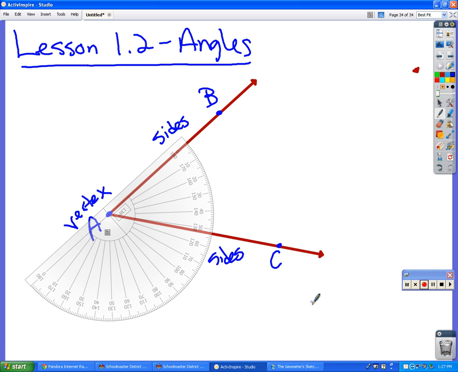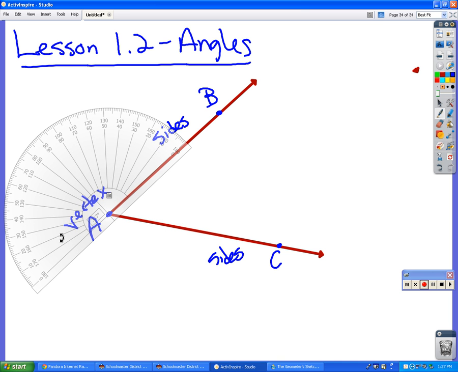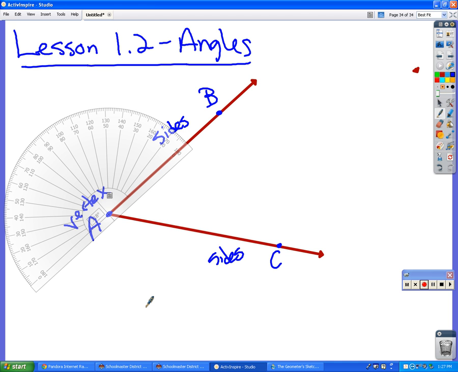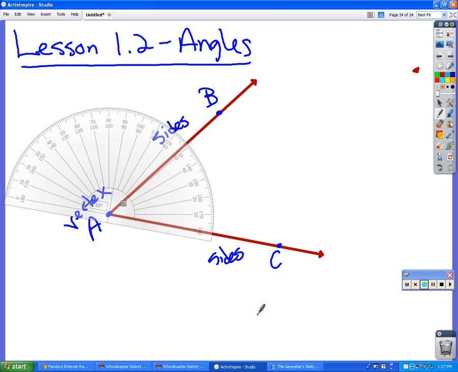Either way you do it, you're going to come up with the same answer. What you cannot do is line your protractor up with one of the sides like that. One of the rays has to be going through the protractor somehow. So I'm going to do this the easy way and line it up like that.